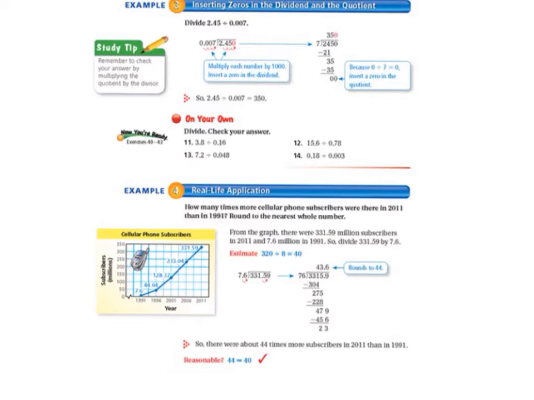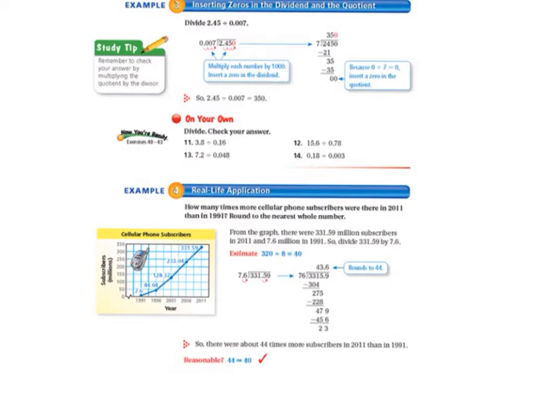7 goes into 24 3 times. 3 times 7 is 21. I subtract and get a 3 and bring down my 5, and then I am dividing 35 by 7. 7 goes into 35 5 times, so I put my 5 on top of the house. 7 times 5 is 35 exactly.